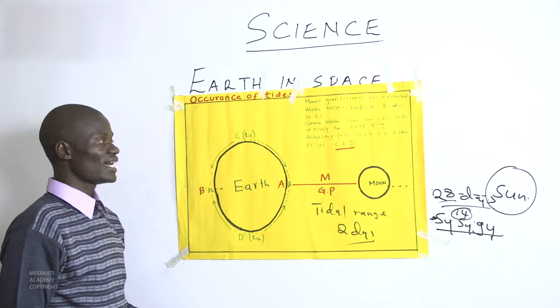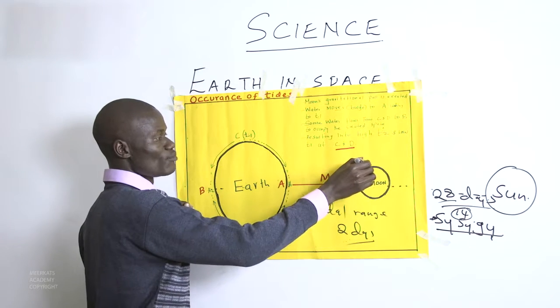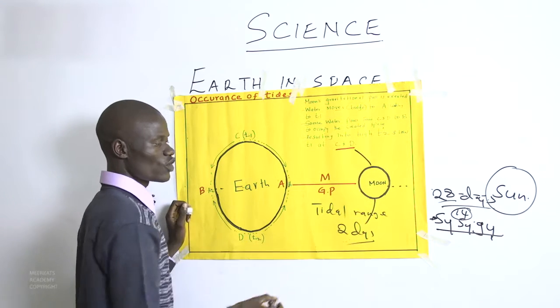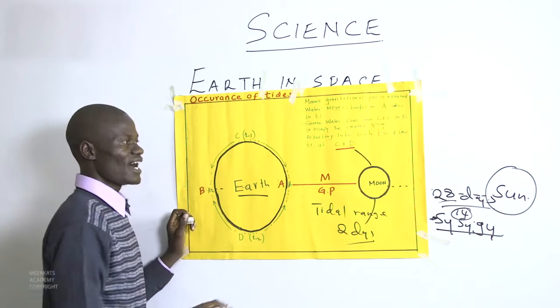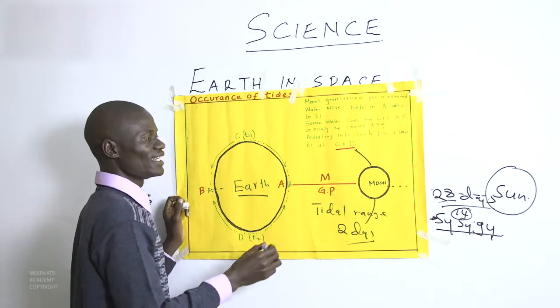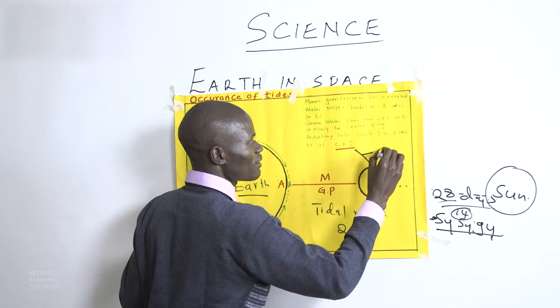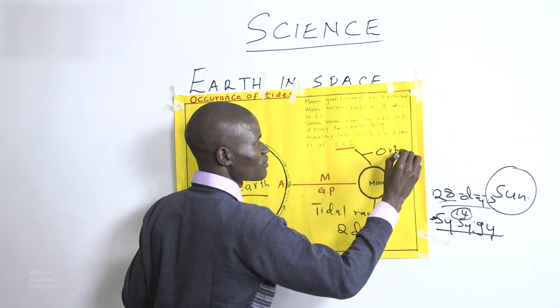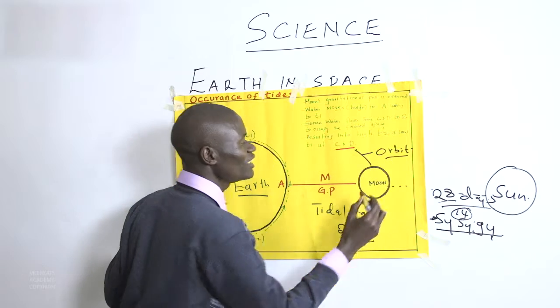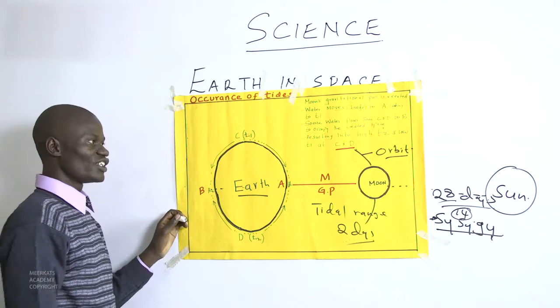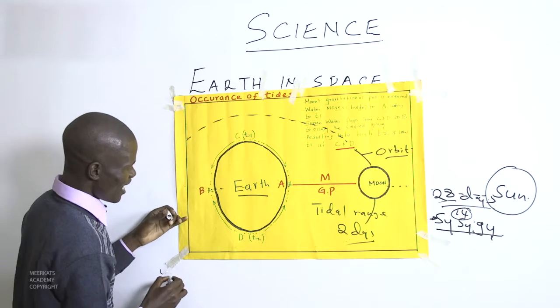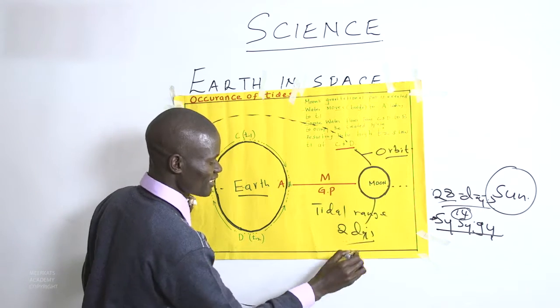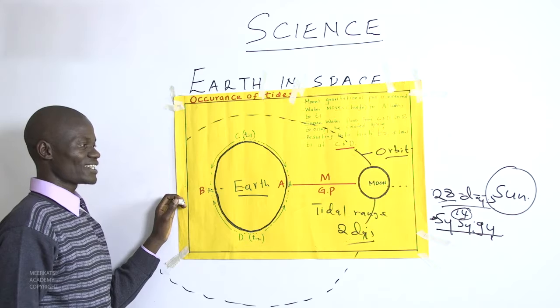Now, we also learned that the moon goes around the earth. As it goes around the earth, it follows a path known as an orbit. The moon has an orbit through which it revolves around the earth.